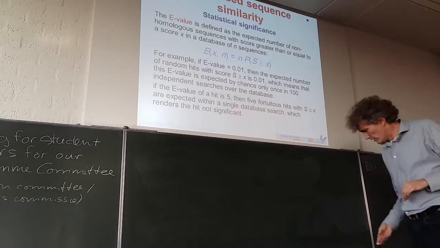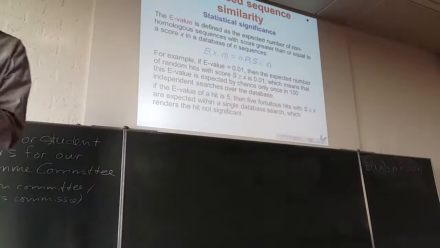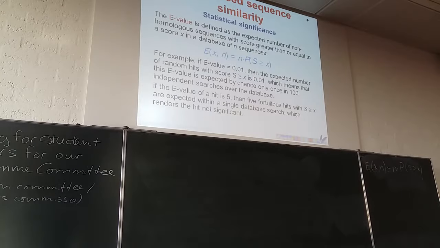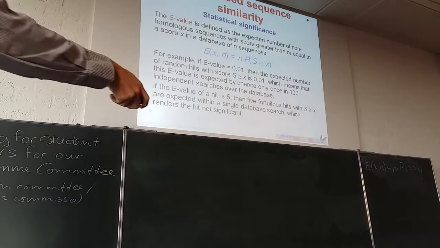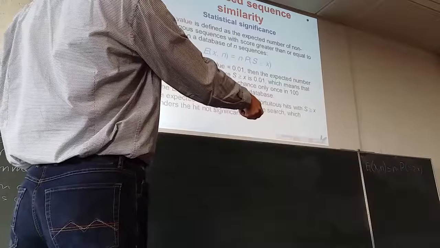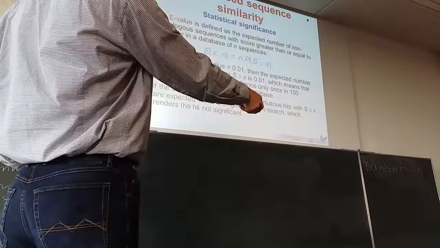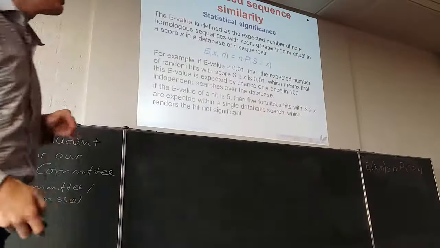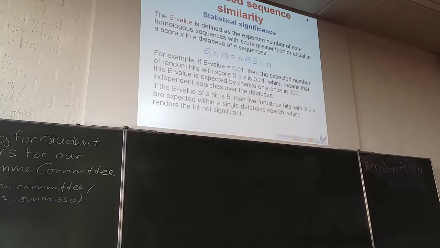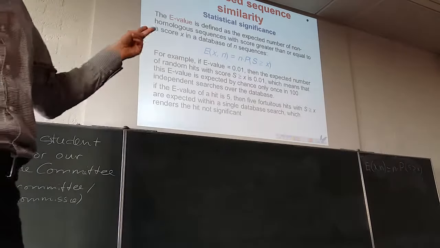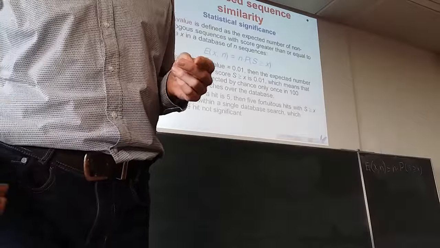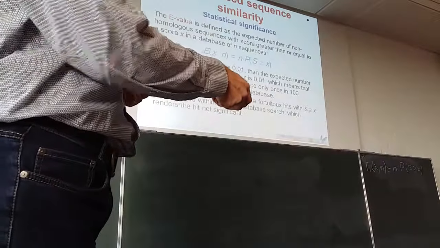Right, so the e-value of a hit with a score x on a database of n, that's n times your p-value of finding an aligned pair with a score higher than x, right?